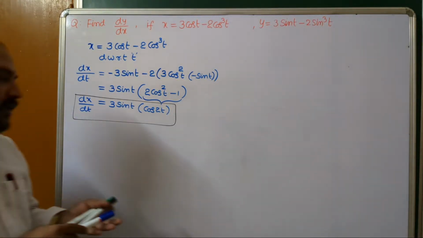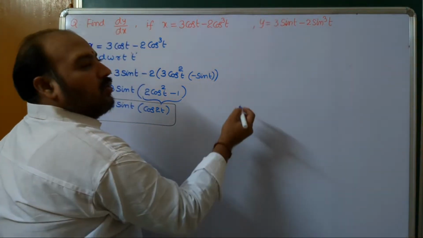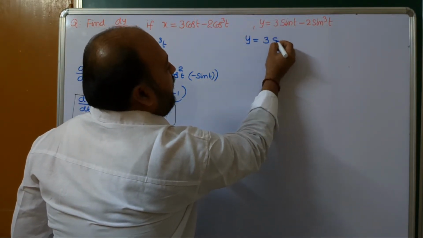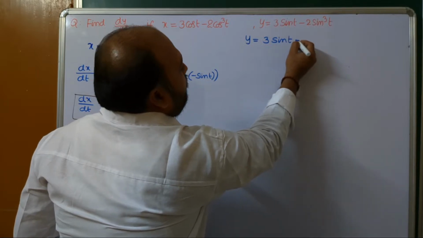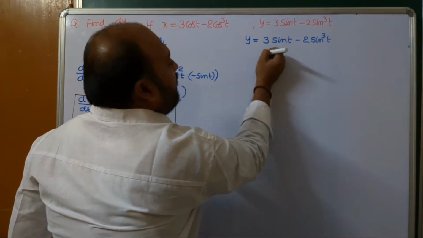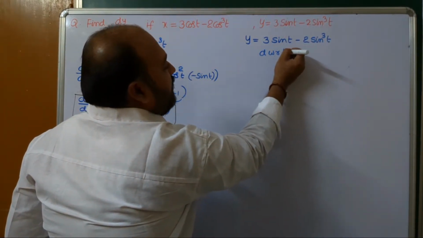Similarly, in the same way let us find the y value also. y is equal to 3 sin t minus 2 sin cube t. So differentiate with respect to t.